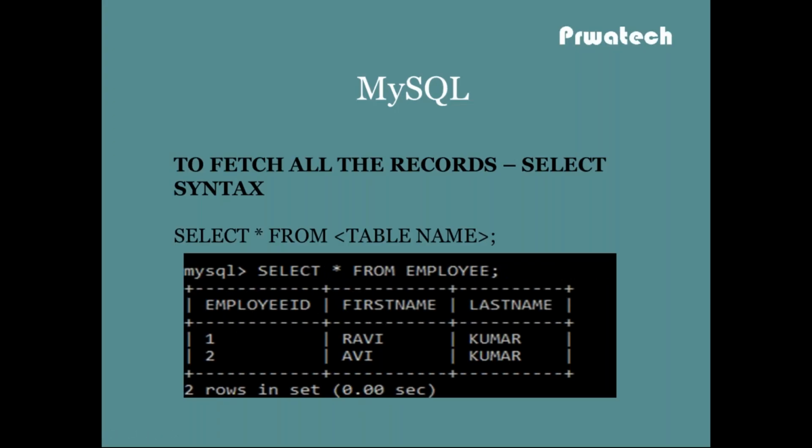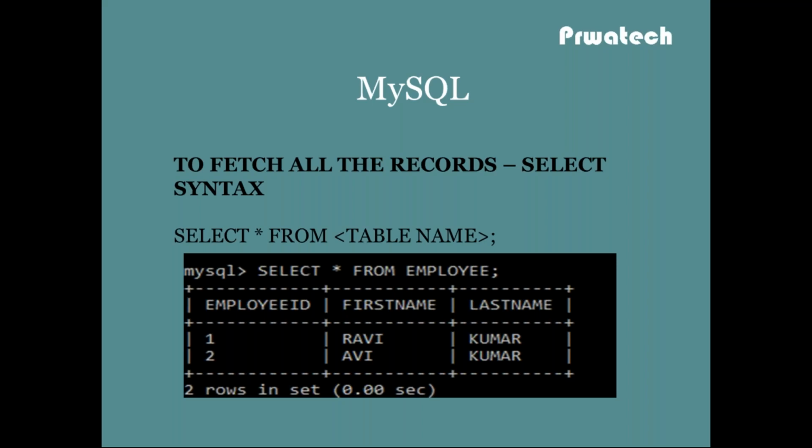Now, in order to fetch all the records from the table, we use the select command. The syntax is select star, then from, we put the table name followed by a semicolon.